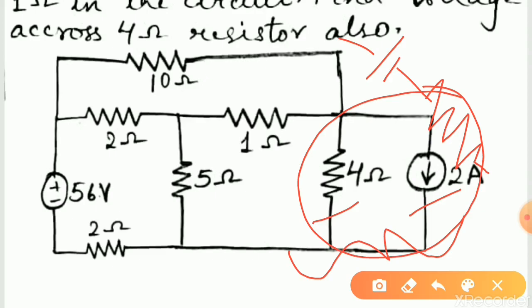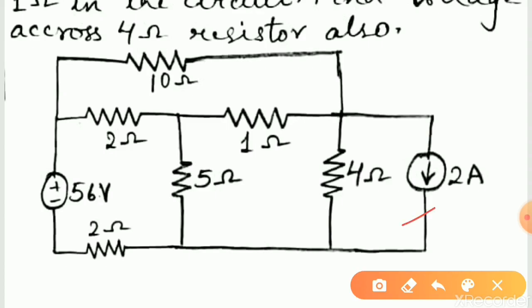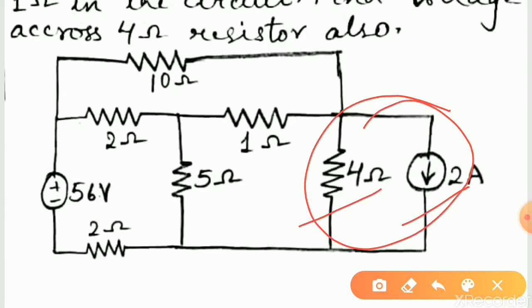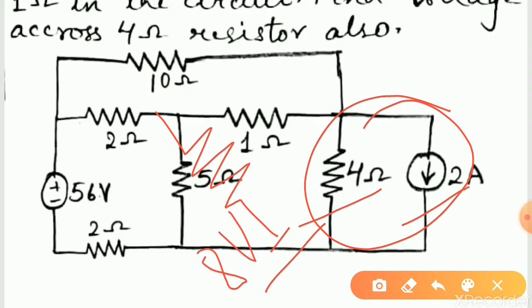So the 2 amp source with a 4 ohm parallel resistor can be resolved into a 4 ohm resistor in series with 8 volts, that is V equals I into R, 2 amp into 4 ohm, 2 into 4, we have 8 volts in series. So the circuit becomes more simplified.